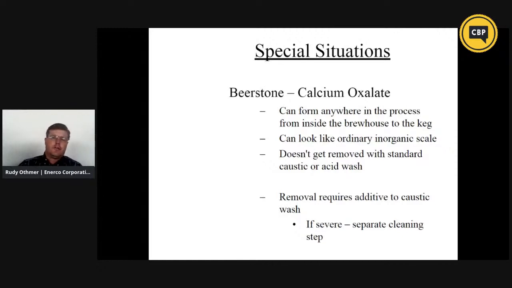And how do you know if it's a problem? Again, we're going to inspect our cleaning process, inspect our tanks before we start, and inspect the results afterwards. And if we've got deposit left over, make a determination of what that is.